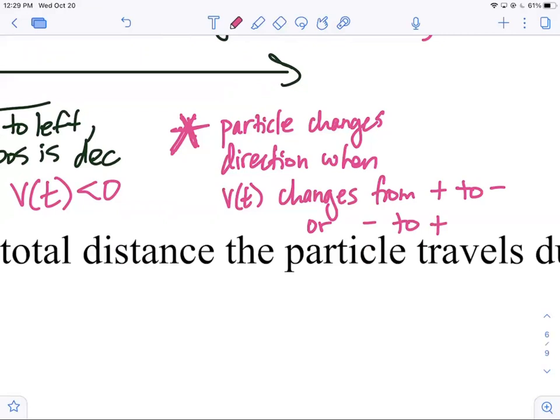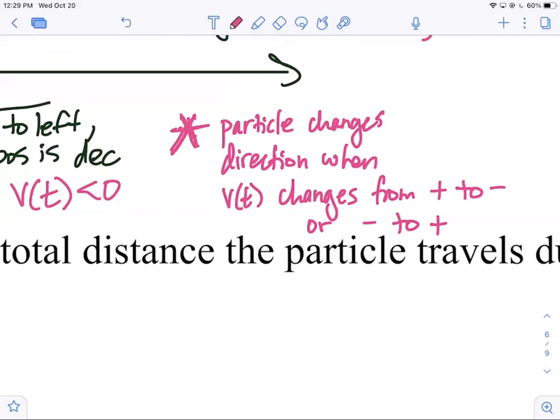Try to never, ever, ever justify something by saying the words increasing and decreasing. You could do that in your sentence, right? Position is increasing, velocity is decreasing. But in terms of a justification, try not to do that. Always try to talk about a sign or sign change.